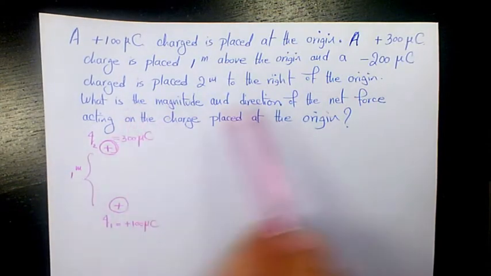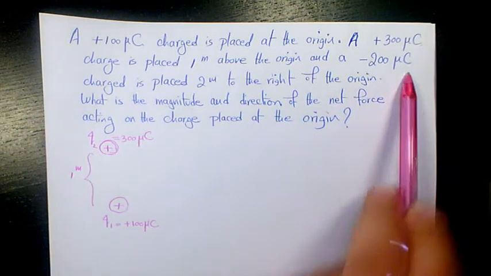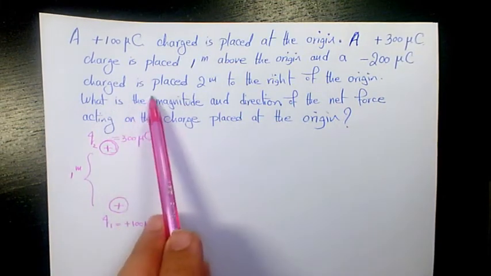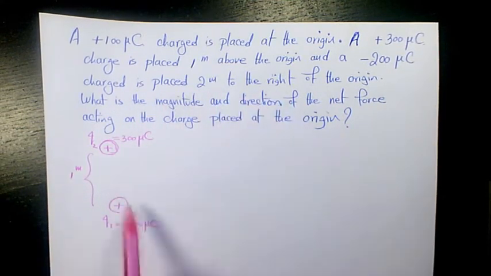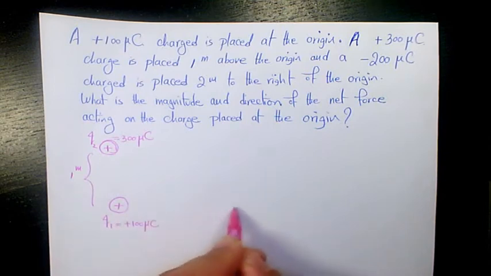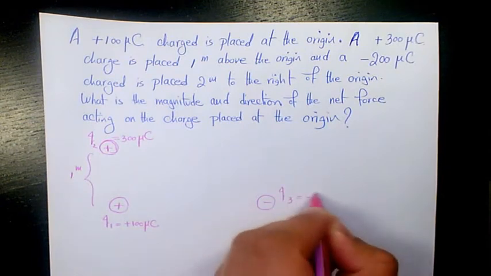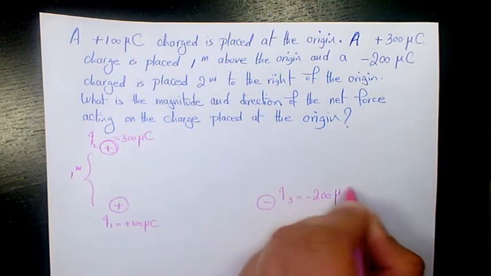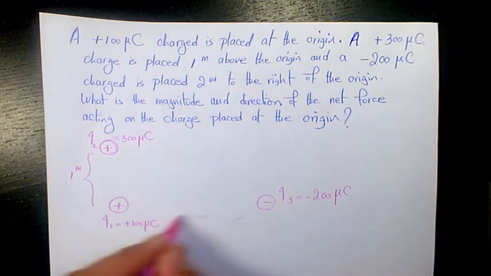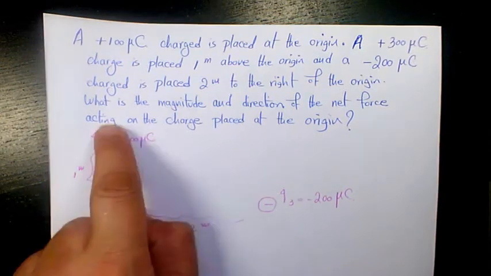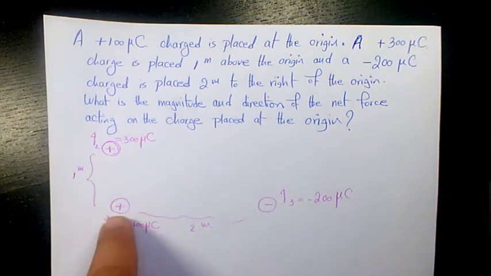And it says a negative 200 microcoulomb charge is placed 2 meters to the right. So let's say negative Q3, negative 200 microcoulomb. The distance is 2 meters. What is the magnitude and direction of the net force acting on the charge placed on the origin, which is this one?